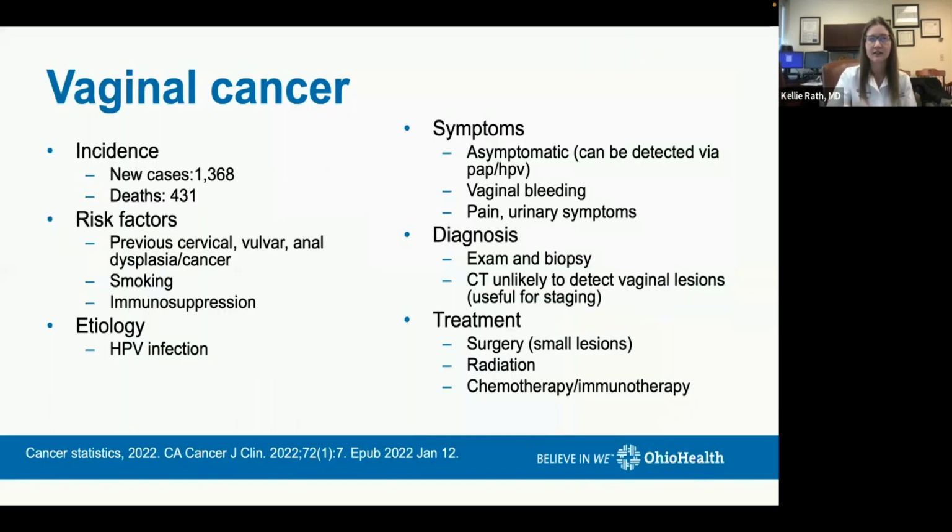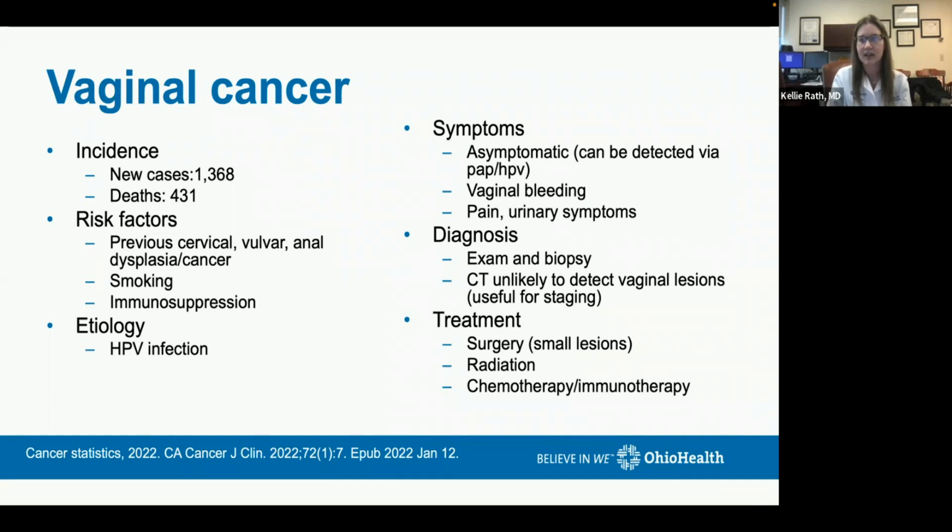Vaginal cancer is the least common with only a little over 1,000 cases each year. Risk factors are similar with previous dysplasia, smoking, and immunosuppression, the majority related to HPV infection. The majority of patients are asymptomatic as the tumors are small and could be detected with PAP or HPV-based testing in those at highest risk.